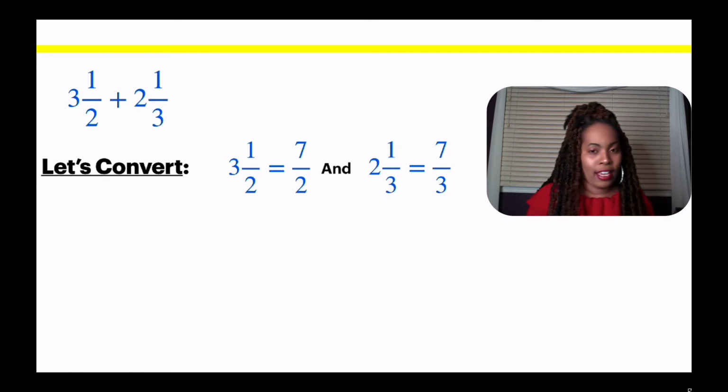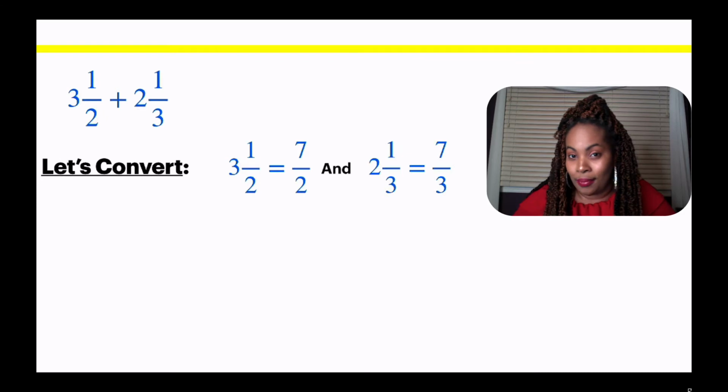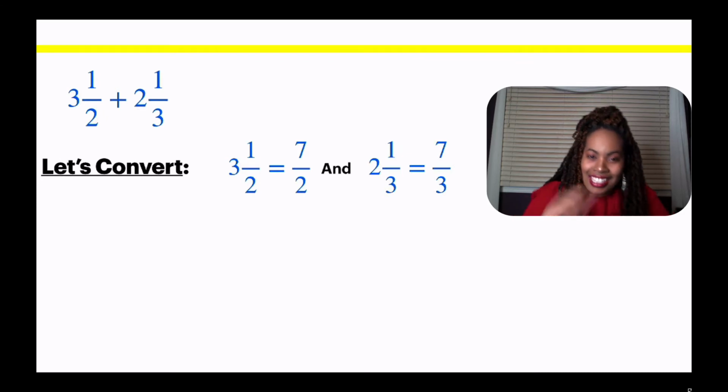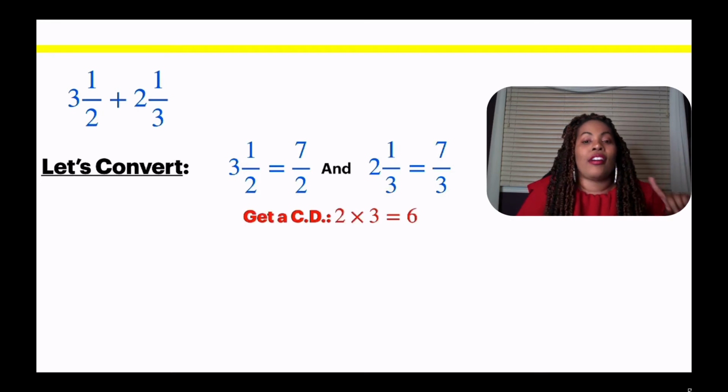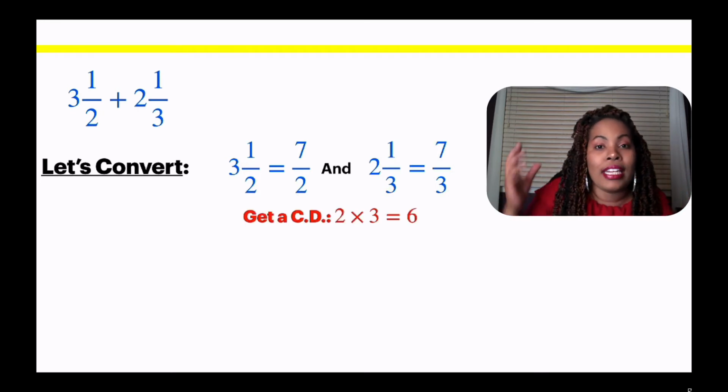So what are our things? We have halves and thirds. They're not the same things, right? So, what was the next step if they're not the same things? Yes, you are right. We have to convert them and find a common denominator.